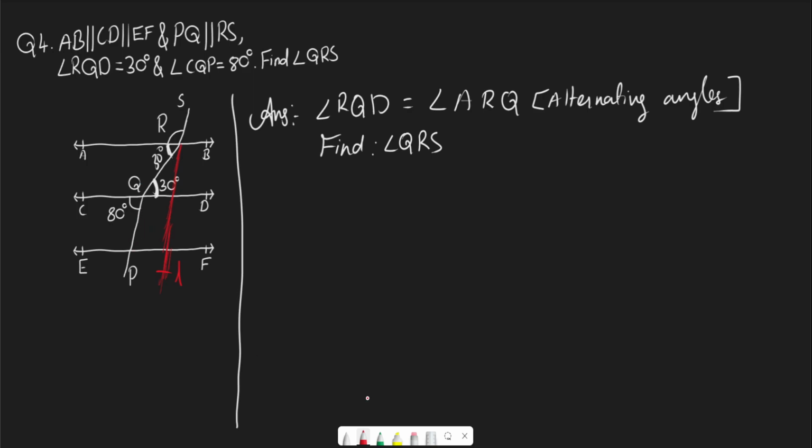So we know that angle CQP is equal to 80 degrees, and that means angle DQP should equal 100 degrees. And if SL is parallel, the same angles should apply here too. This should be 80, this should be 100.